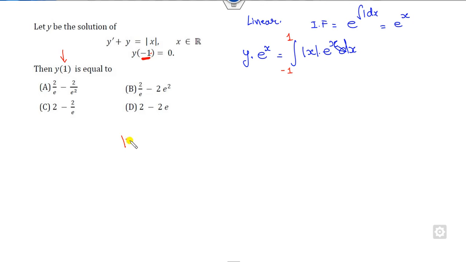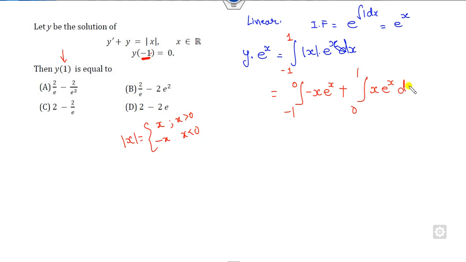Now because mod of x is either x or minus x, depending on whether x is greater than 0, we can break this integration from -1 to 0, and over 0 to 1 of this. Now you can integrate them. x e^x integrates to (x minus 1) e^x, and again (x minus 1) e^x over 0 to 1.